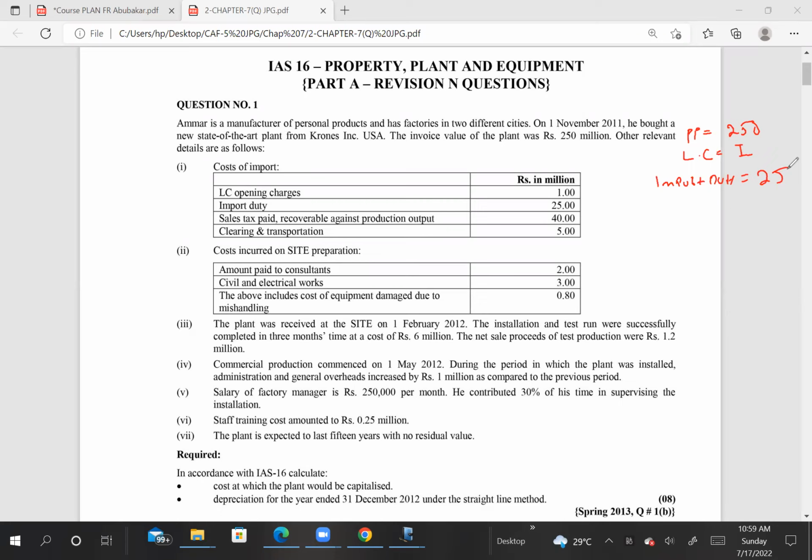Now tell me about sales tax, recoverable against the production output. Should we capitalize the sales tax or not?